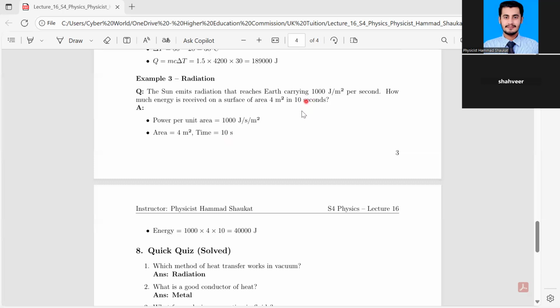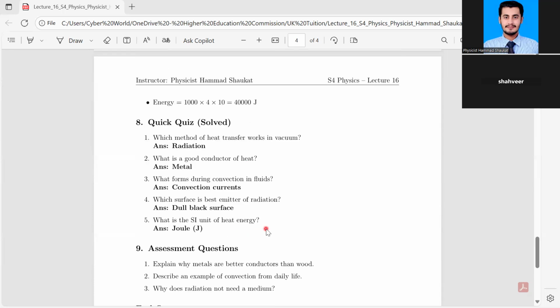You multiply all these three terms, and you will get your answer. So here you can see power per unit area, which is 1000, 4, which is the surface area on the earth, and 10, which is the time taken by the radiation coming from sun to earth. You will get your answer, which is 40,000 joules. Perfect. Any question? No. Okay.